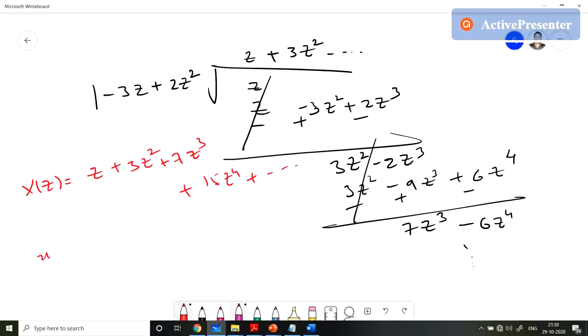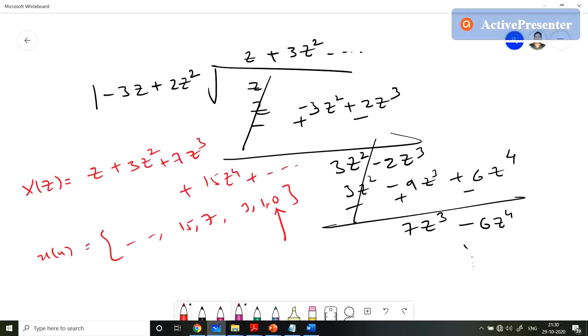Now for x[n], only the positive powers of z are there, so x[n] we can write as 15, 7, 3, 1, 0, with the arrow marking the starting position.